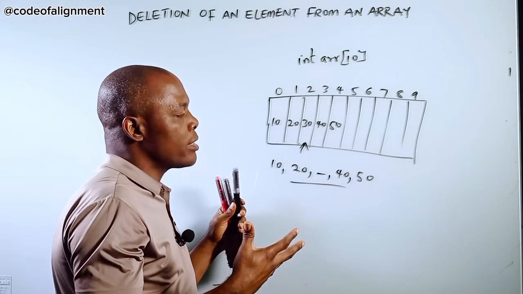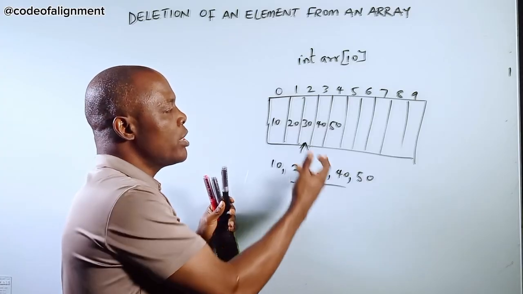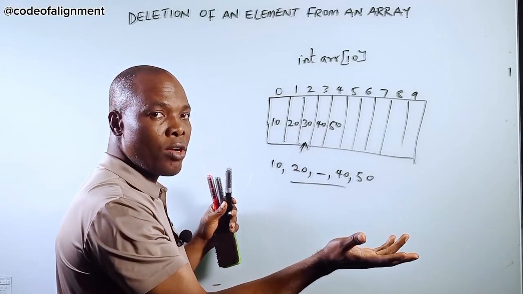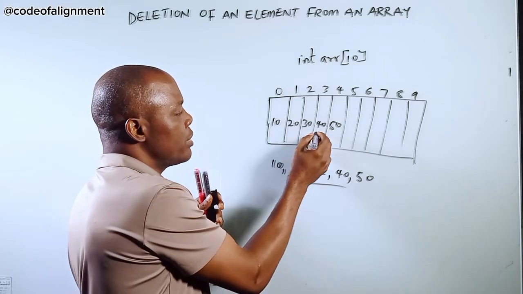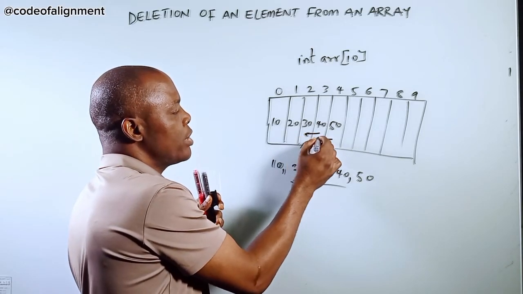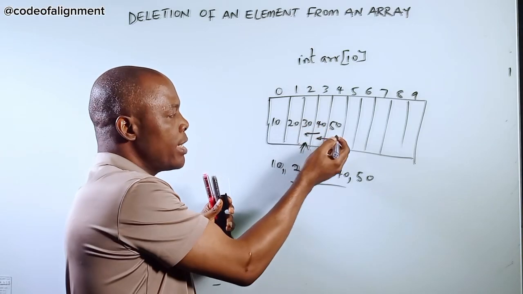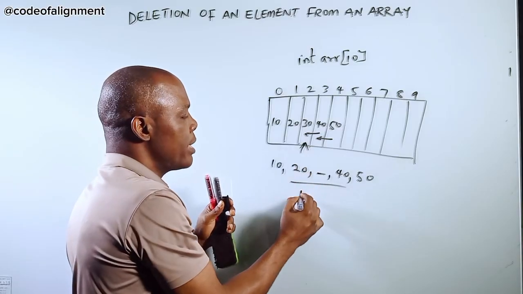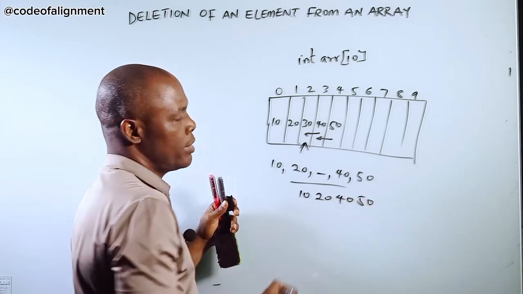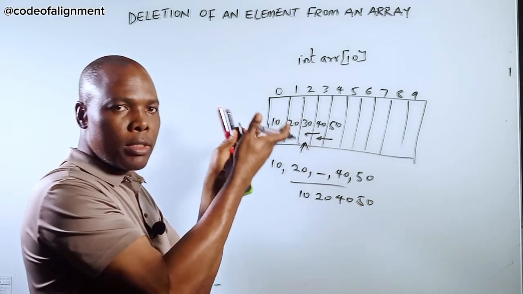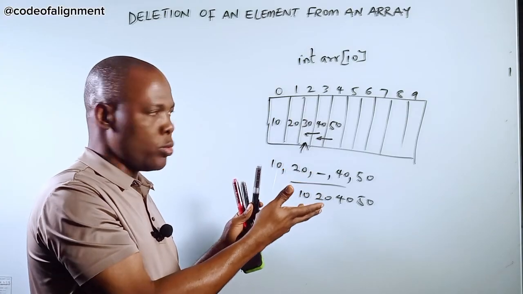So in real sense, deletion of an element from an array is simply the shifting of what is on the other side of that element to the position of that element. So I just need to shift this 40 to this place and then shift this 50 to this place. That is all. So this will override this, and then this will override this. So I will now have 10, 20, 40, 50. Now that is what deletion of an element in an array simply would do.